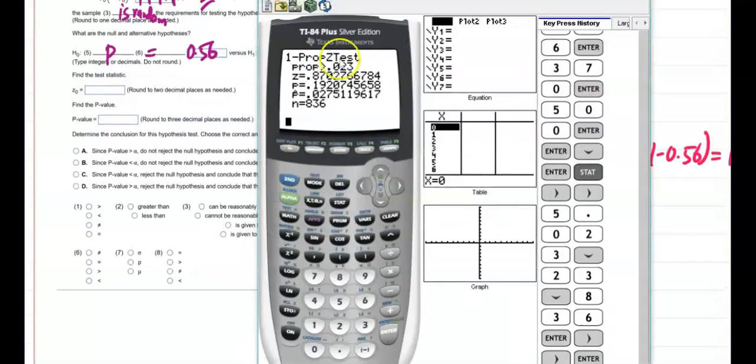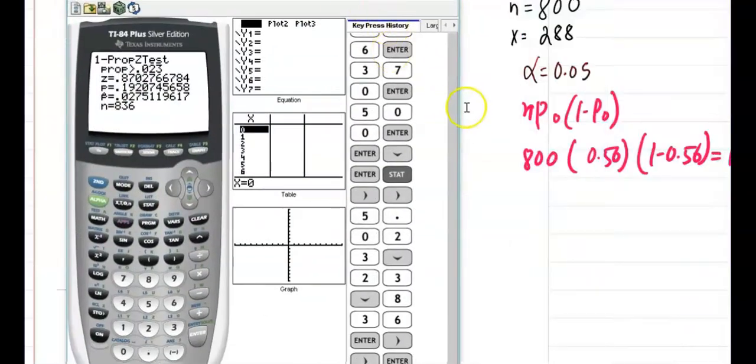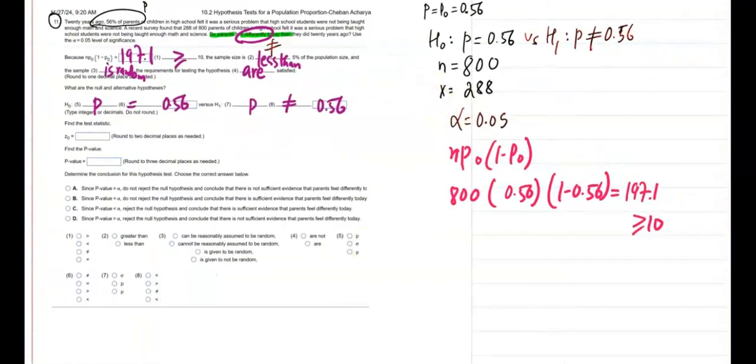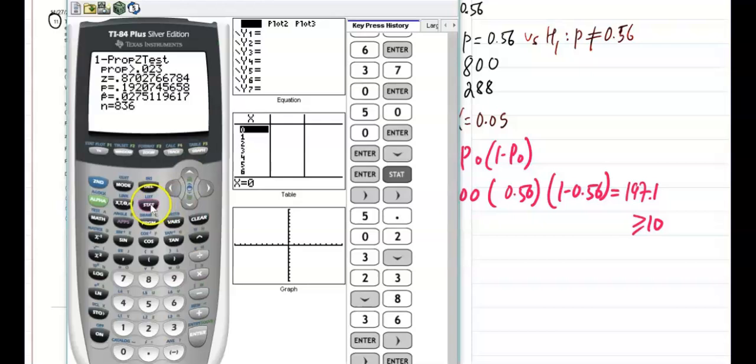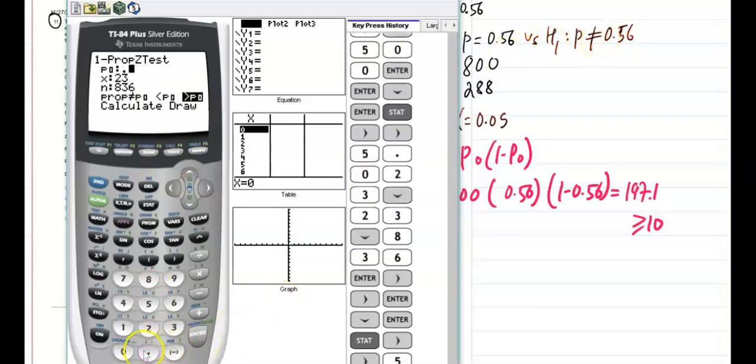So I'm going to do that, I guess. So let's do this here. That's the data here. I'm going to put in the calculator. You just start test number 5. So 0.56 is p0.